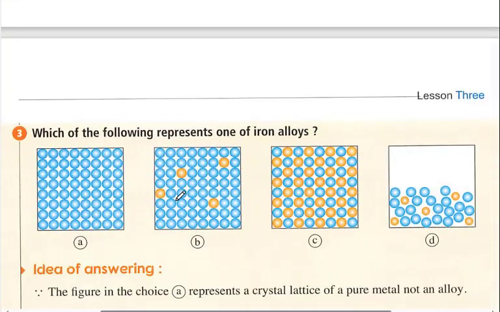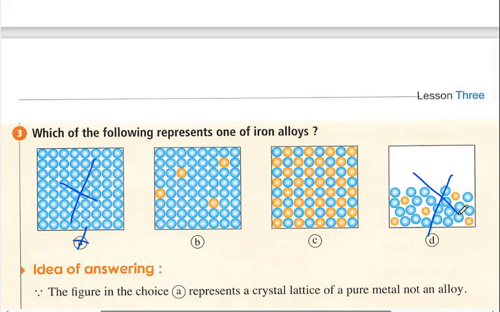Let's have another example. Which of the following represents one of the iron alloys? This is a pure metal, not an alloy, so it is not correct. This is not a crystal lattice, not the ordinary arrangement of atoms inside metals.